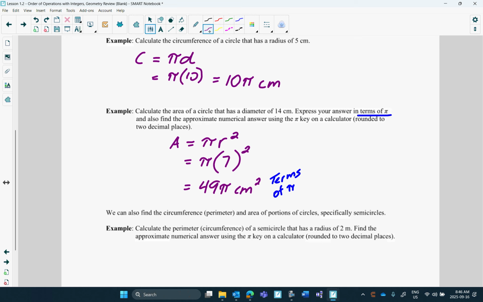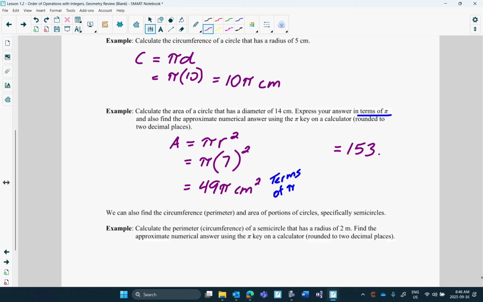To actually find the numerical answer, plug in 3.14 or the pi key, multiply, and round your answer to 2 decimal places. Anybody got it? Or 153.9?